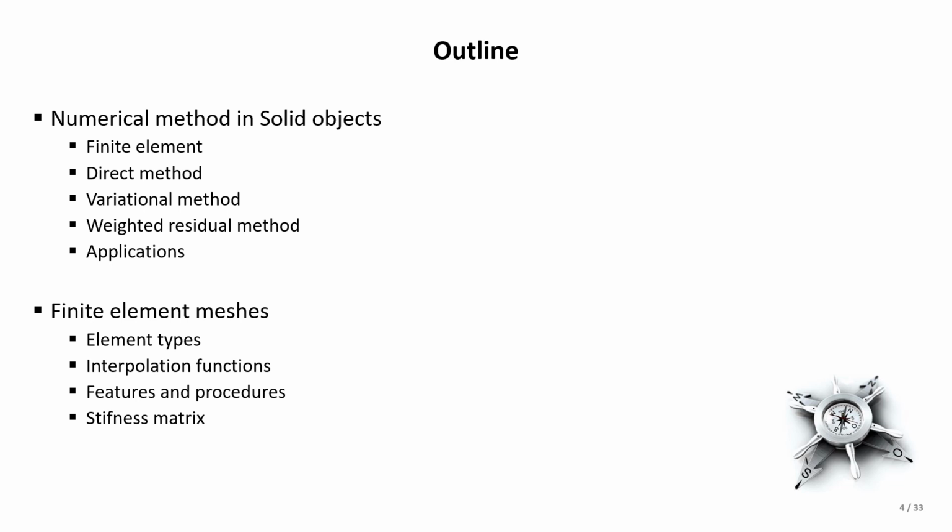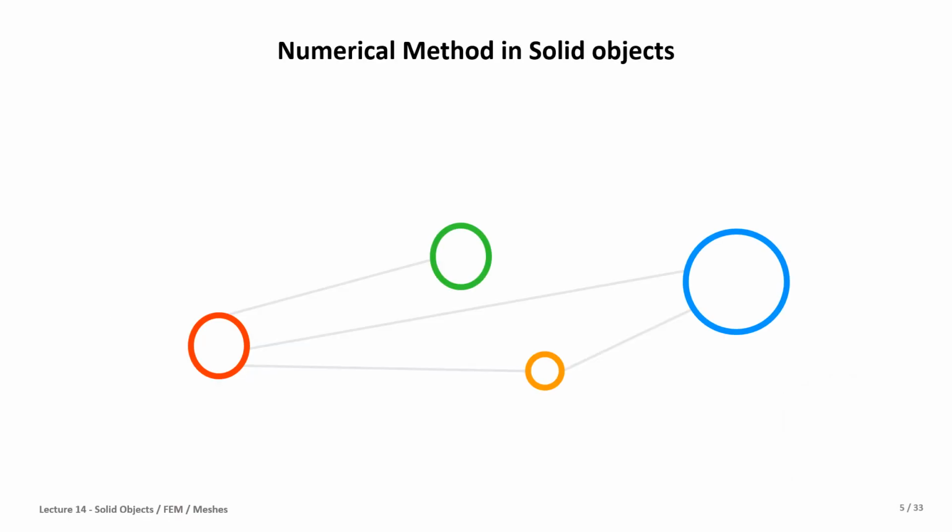And then we will have some finite element mesh discussion, and we will have some examples of parallel computing in the finite element method for solid objects. Part 1, we will focus on the numerical method for solid objects, and then we will have the second part as well.